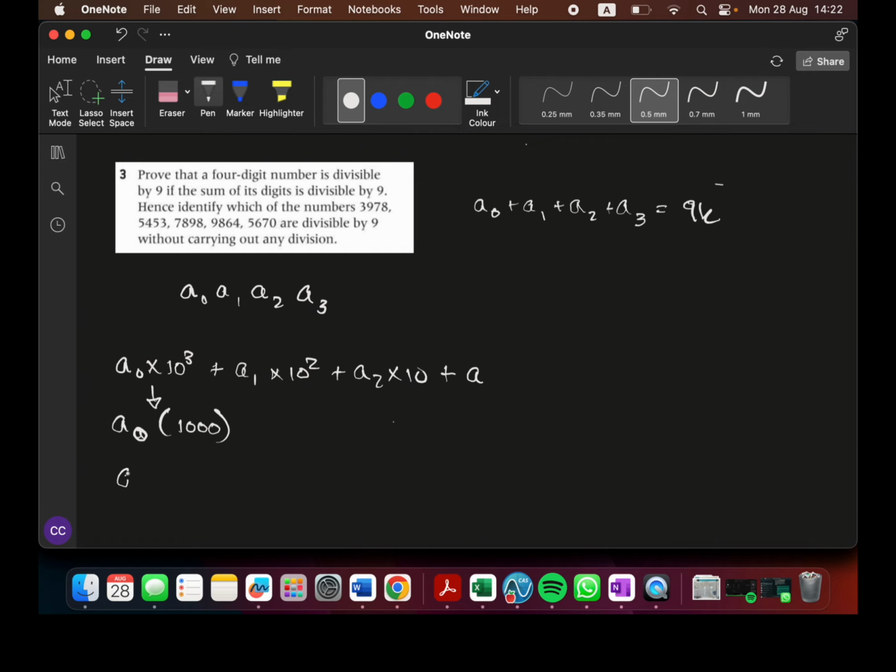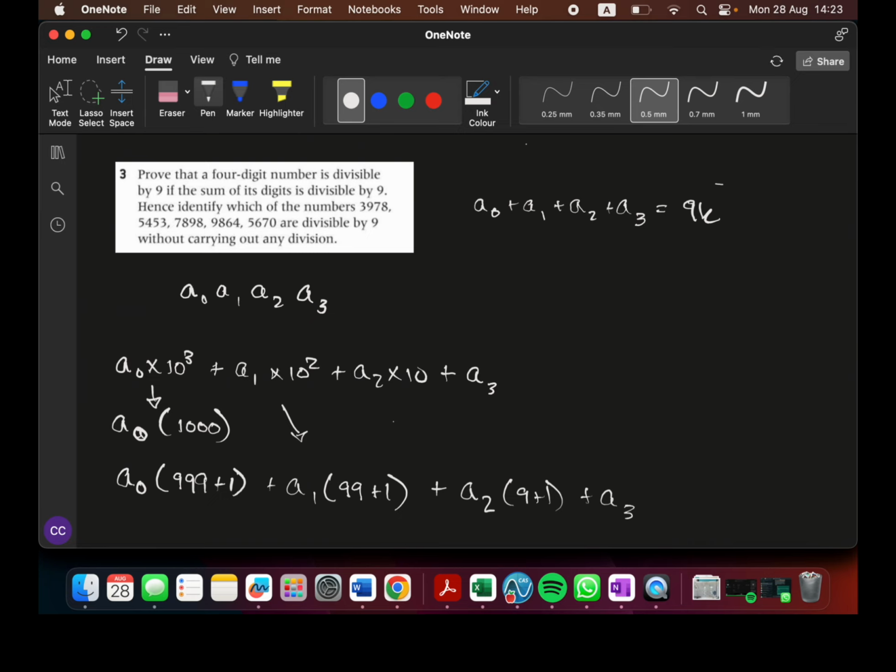Instead of writing that as 1,000, I could rewrite it, because 1,000 is 999 plus 1. With the same idea for all the other ones, I would get A0 times (999 plus 1) plus A1 times (99 plus 1) plus A2 times (9 plus 1), and then plus my last one, A3.